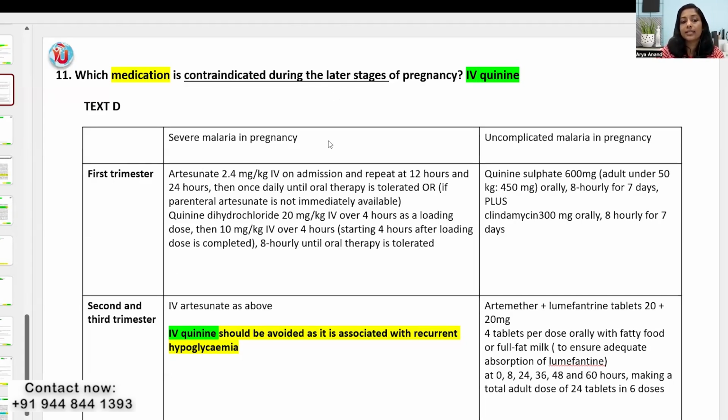They asked regarding that. So in second and third trimester, that is later stages, we need to look into that part. So IV quinine should be avoided. That means it's contraindicated. You're not supposed to use this, right? Should be avoided as it is associated with recurrent hypoglycemia. If you use this, then the patient may face hypoglycemia, right? So your answer is IV quinine.